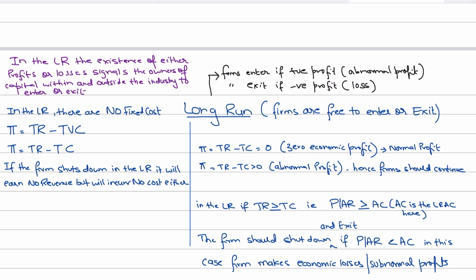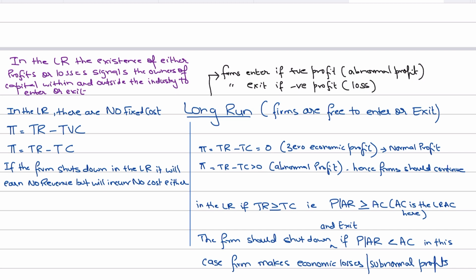So remember that in the long run, the firms make entry and exit decisions, right? In the short run, they will make decisions whether they have to continue or they have to shut down if there is an economic loss, right? But in the long run, decisions would be like, if there is abnormal profit, it will signal firms to enter.